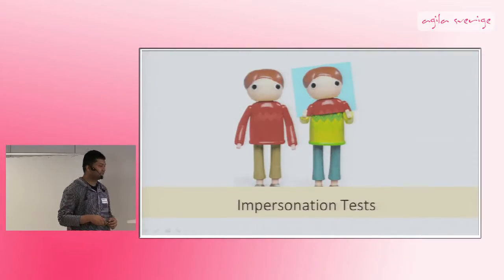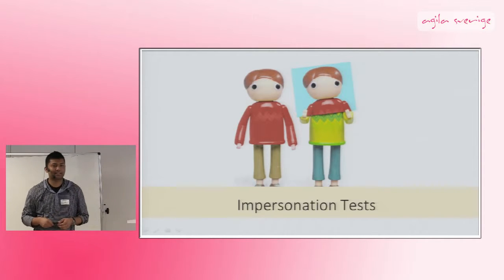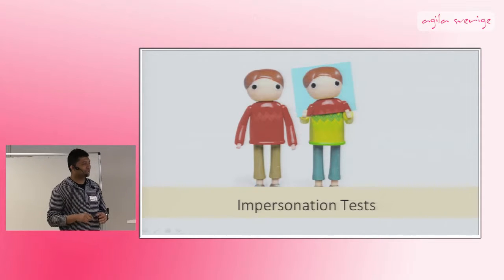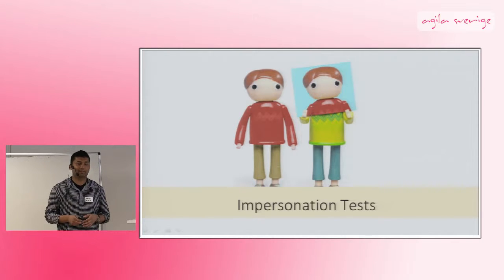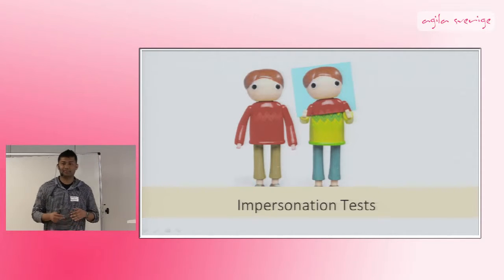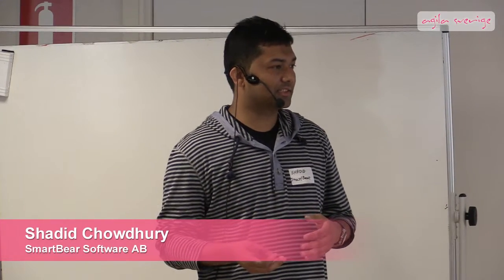And then impersonation tests. This is something we have tried at SmartBear, and it works out quite well. So the idea is you get some users within your organization and let them fake the personas for whom you are building the feature. So you ask them to set a goal and then give them a tool or feature and ask them to achieve their goal using this feature.